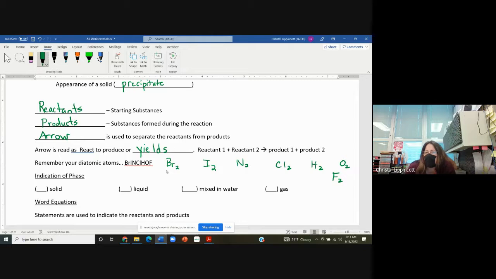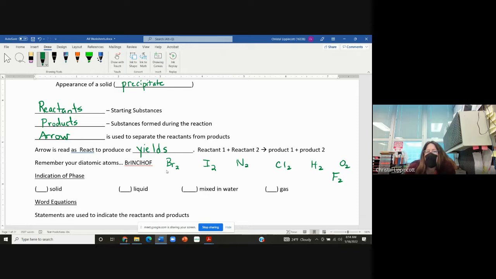But there are those 7 elements that when they're found in nature in a pure form, they'll always hook up with something else. And the reason why they do that is because they have a very high electronegativity. So they just don't want to be alone. So if they don't have something to react with, they're going to grab a partner, and then that's going to end up creating the Brinklehoff.